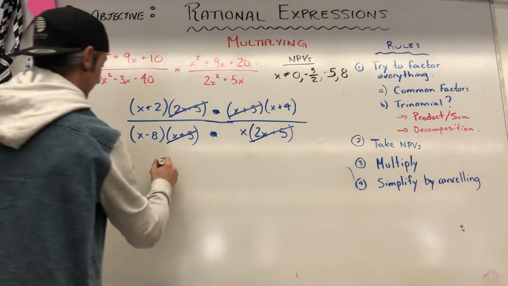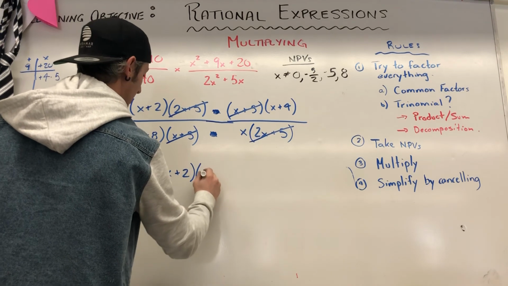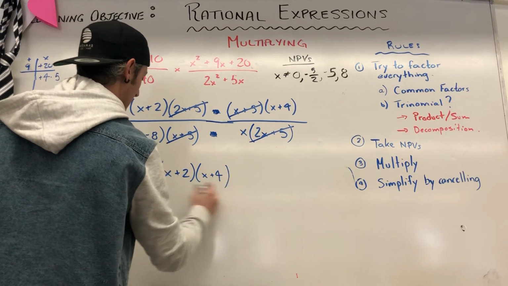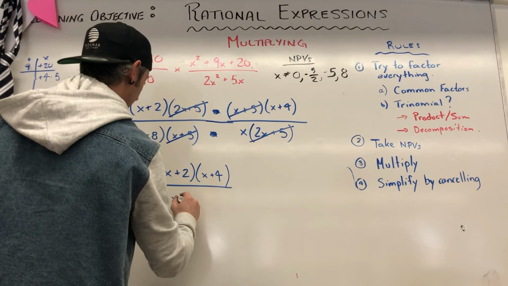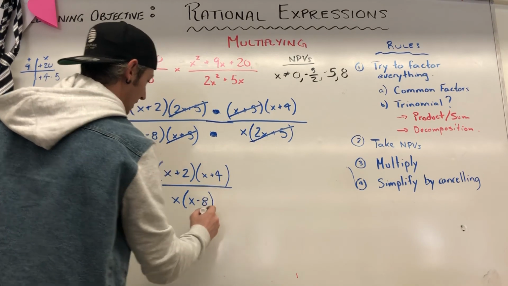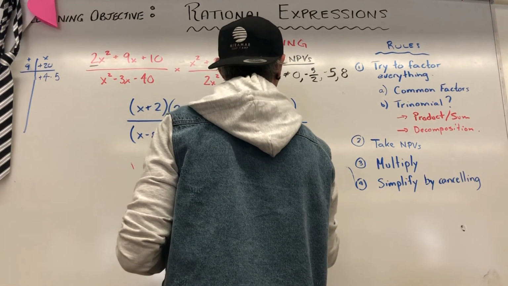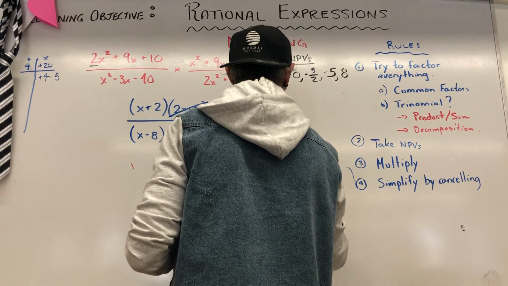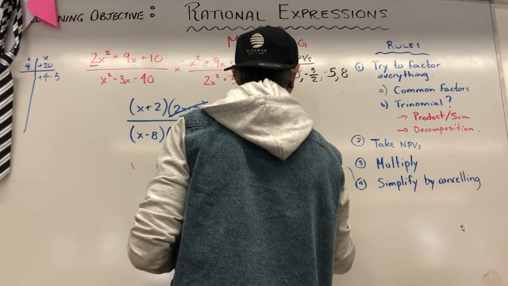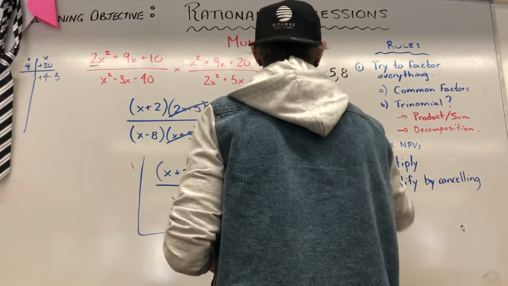So now I'm going to rewrite this as an expression: x plus 2, x plus 4, all over x times x minus 8, where x cannot equal negative 5, negative 5 halves, 0, and 8. And that is my answer.